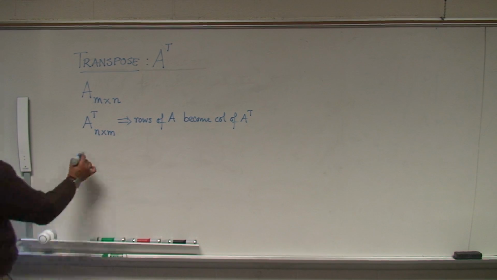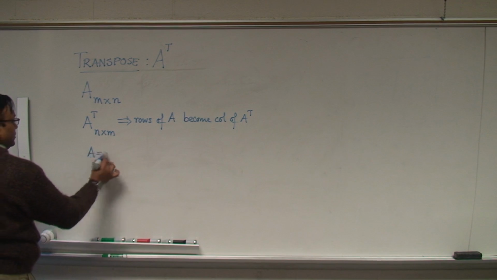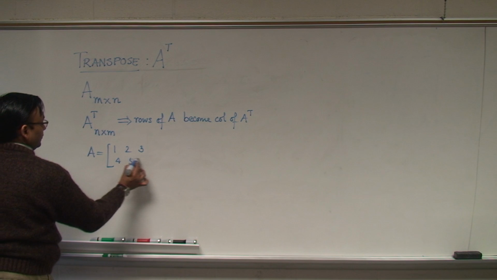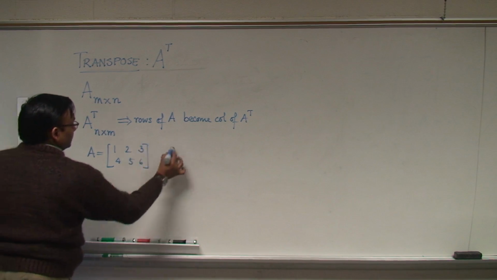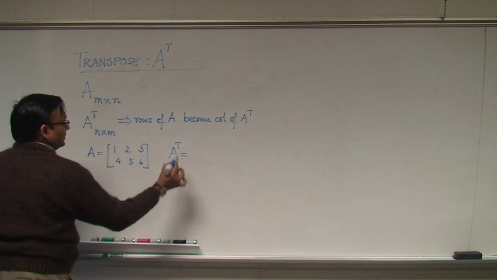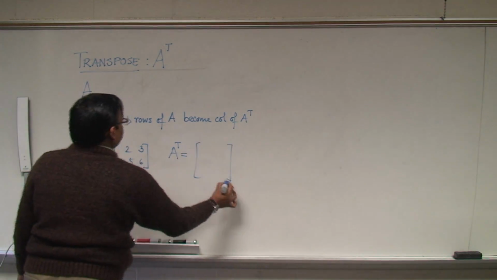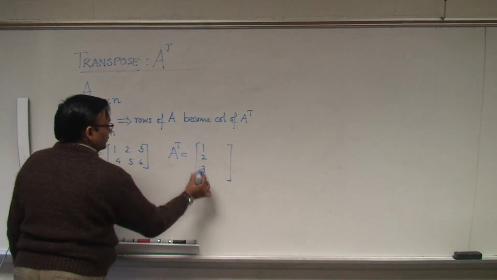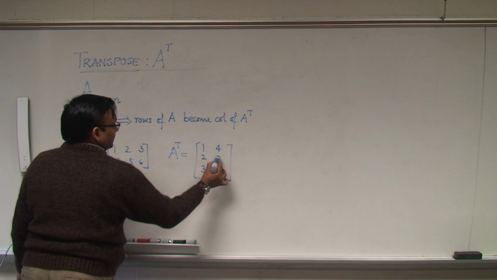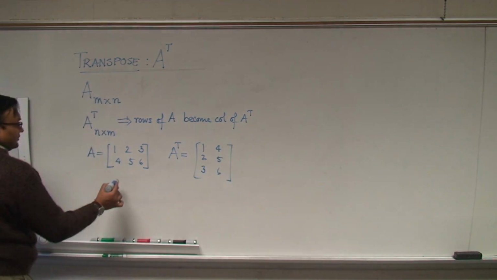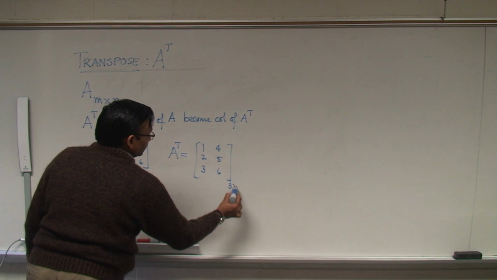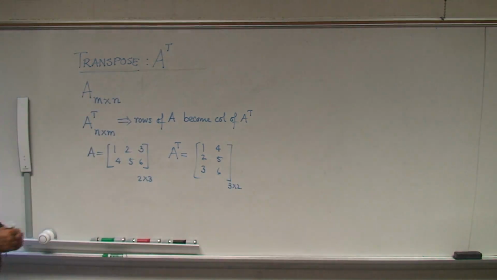So for example, if I have a matrix A which say looks like 1, 2, 3, 4, 5, 6, then the transpose of A would be the matrix where rows of A will become the columns of A transpose. So 1, 2, 3, 4, 5, 6. So as you can see, we started with a 2 by 3 matrix, and A transpose happens to be a 3 by 2 matrix.